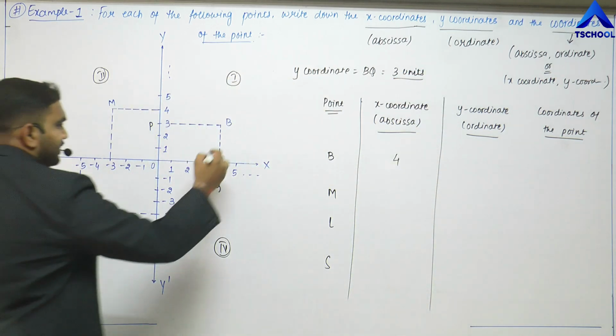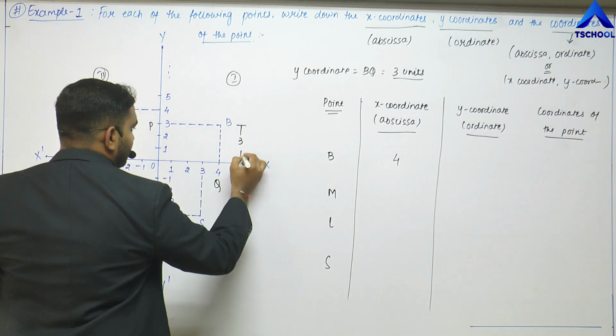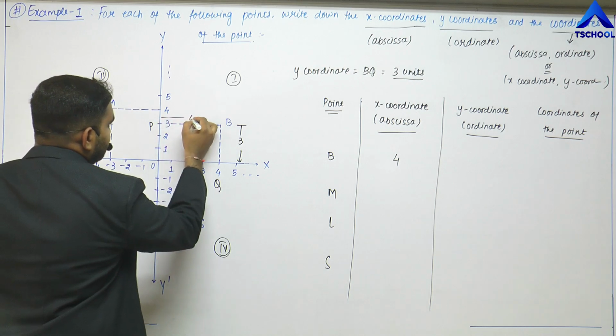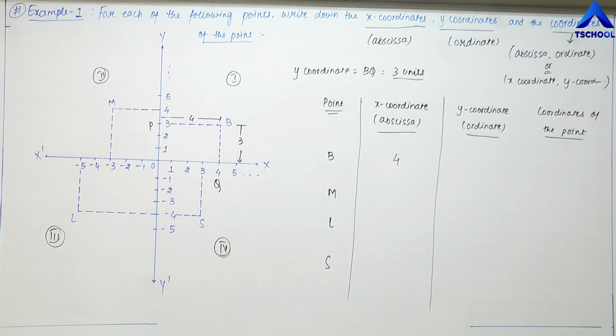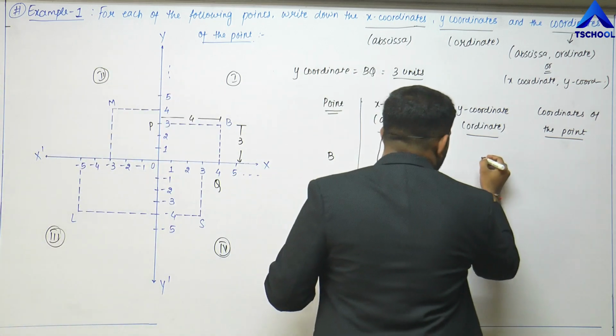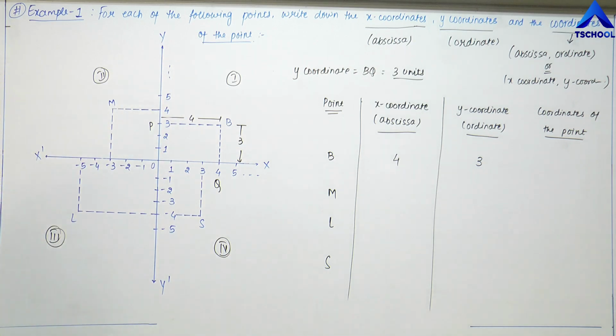So this distance here is 3 units, and this distance here is 4 units. Is it clear, friends? So the y coordinate is 3, that is, the ordinate of point B is 3.